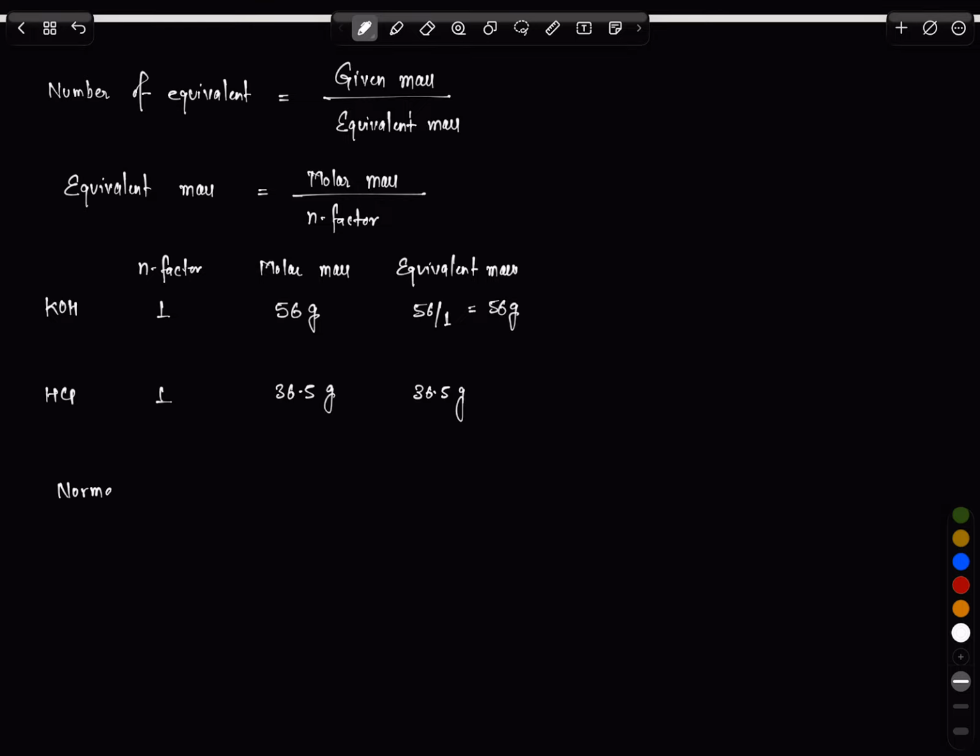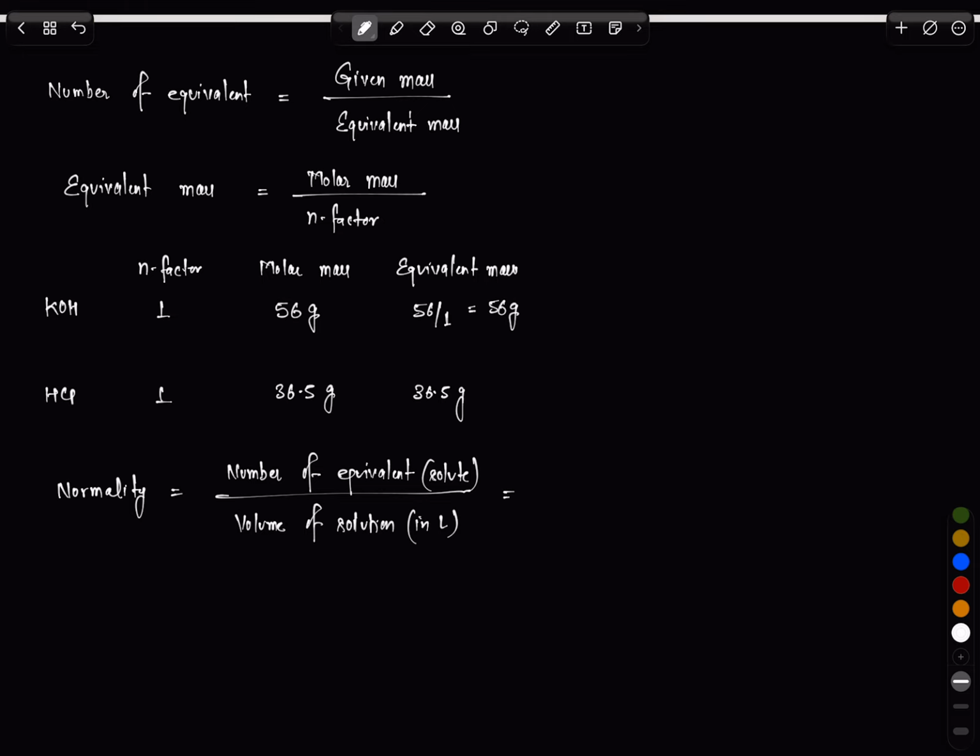Now let's revise this term, that is normality. So what is normality? Normality is basically number of equivalent of solute divided by volume of solution, and that volume of solution you have to take in liter.